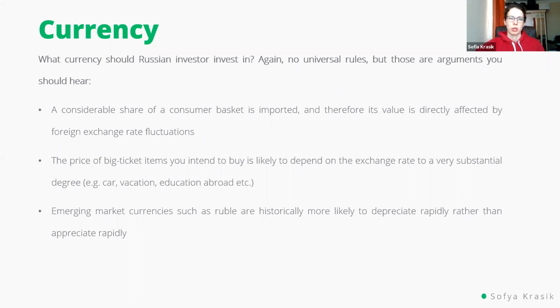For example, if you know that you want to buy a car in 1 year, you may just convert your money into US dollars or euro, and convert them back when the car is here. Another argument for keeping some part of your money in foreign currencies is that historically, emerging markets' currencies tend to fall rapidly rather than grow rapidly.